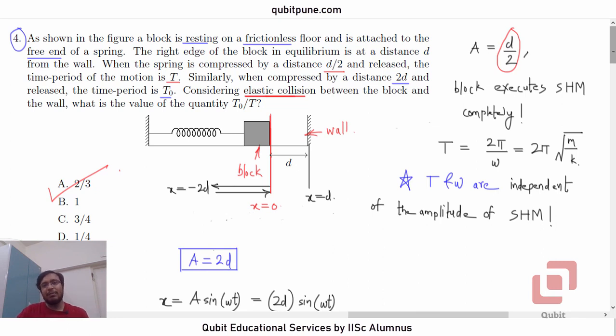You can see many such instances, especially in physics. There was a problem in one of our PYQs where you had capacitor plates which were expanding due to the increase in temperature, and we had to relate the capacitance with the expansion, and the thermal expansion coefficient was given. So you need to learn how to bring concepts from two related or unrelated topics and apply them as per the requirement.